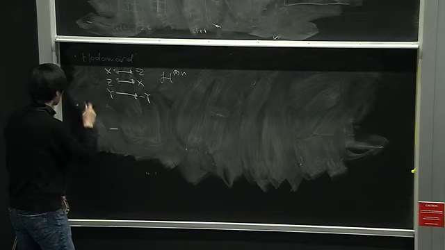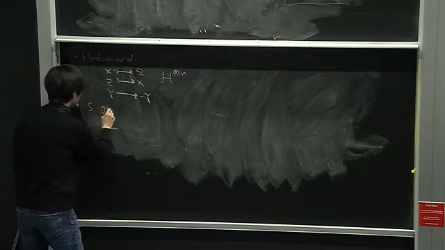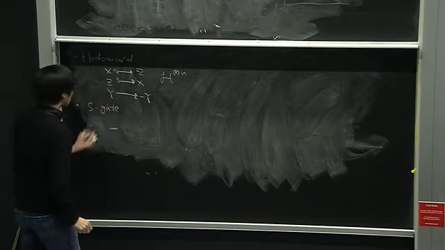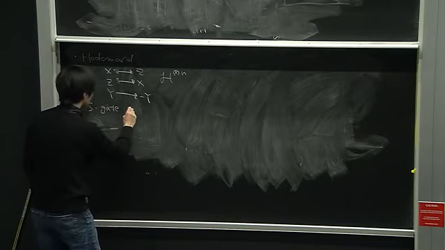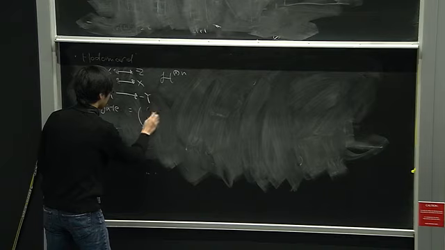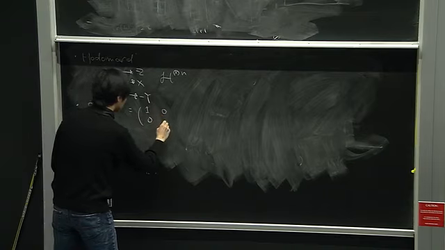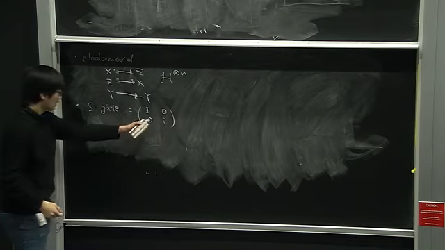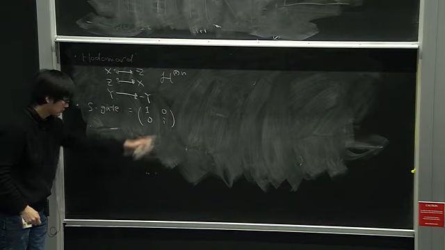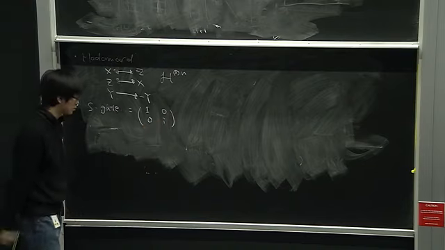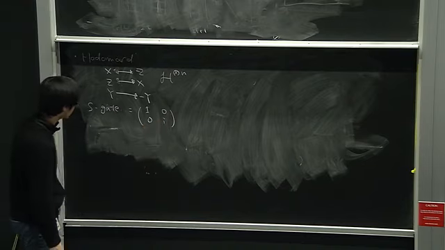And another example is the so-called S gate. The S gate is the following operator. You put the i phase when the quantum state is 1, so it's a diagonal gate.